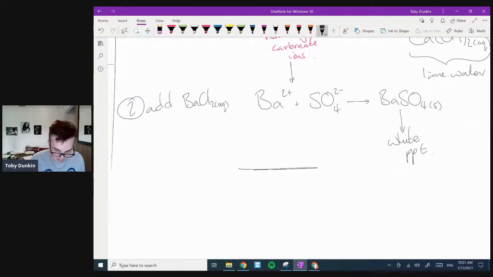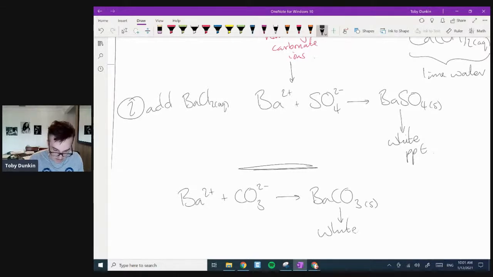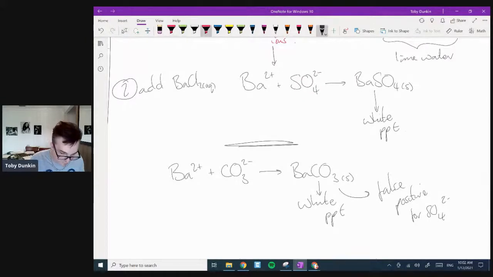The reason being is because barium 2+ ions will also bind to the carbonate ion to form barium carbonate, another solid white precipitate, white PPT. And this will give us a false positive for SO42-. So we need to remove these before we do the barium chloride test.